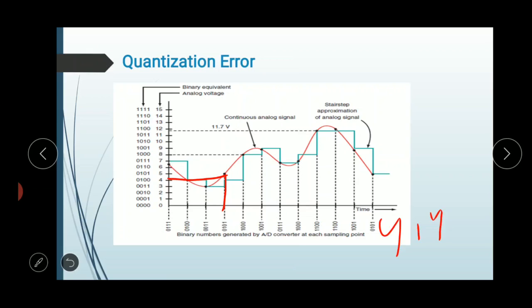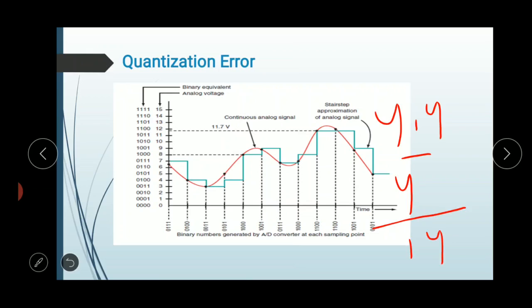Okay, so we just round that value to 4, means actual value 4.4 minus 4, means 0.4 is the difference. So that difference is the quantization error. When we rounded off the value, actual value minus the approximate value, the difference between these two values is the quantization error. So the difference between an input value and its quantized value is called a quantization error.